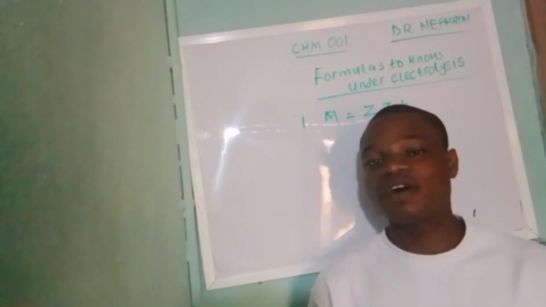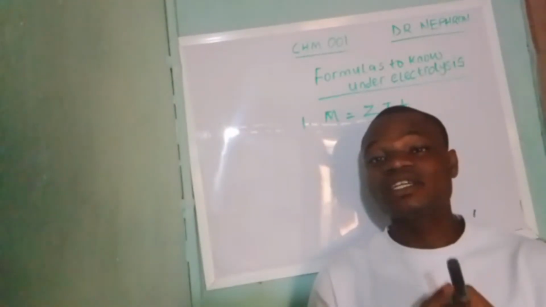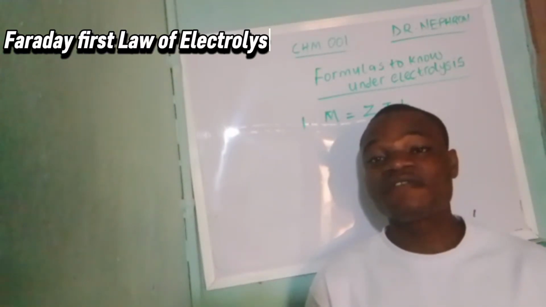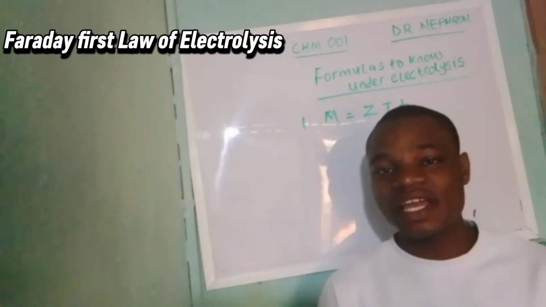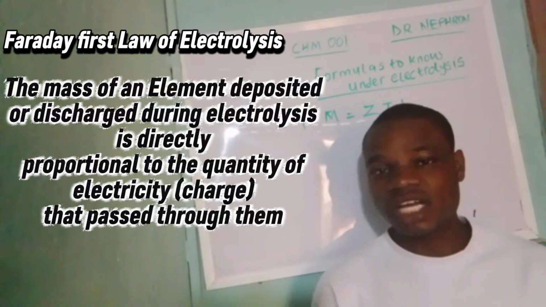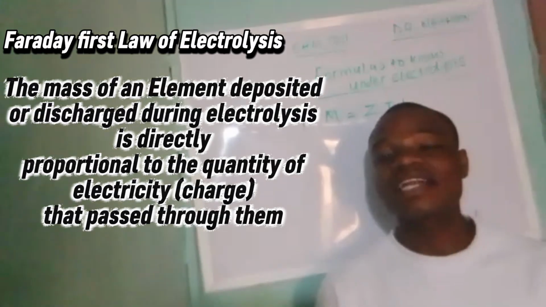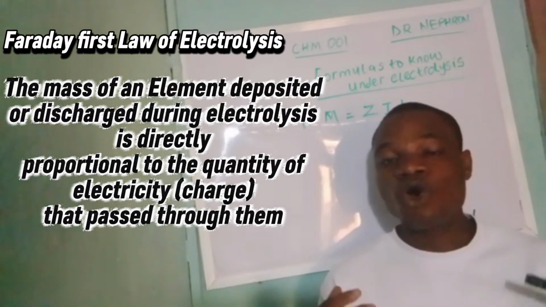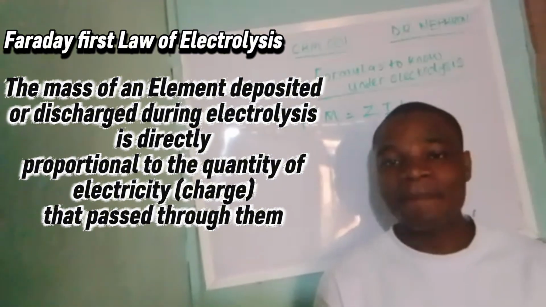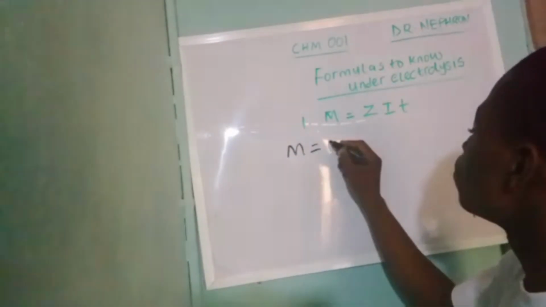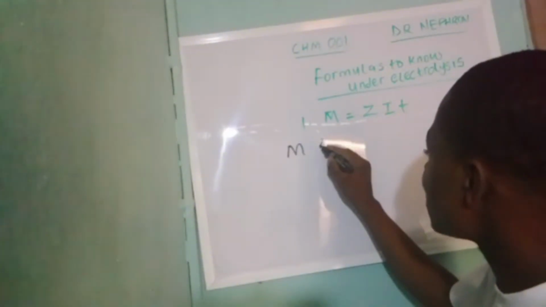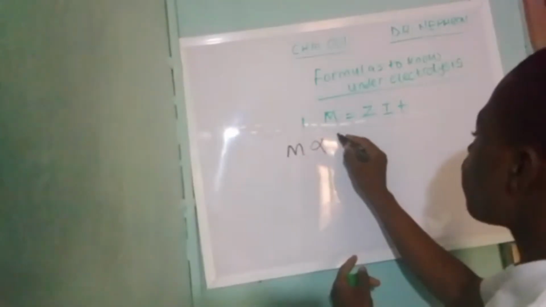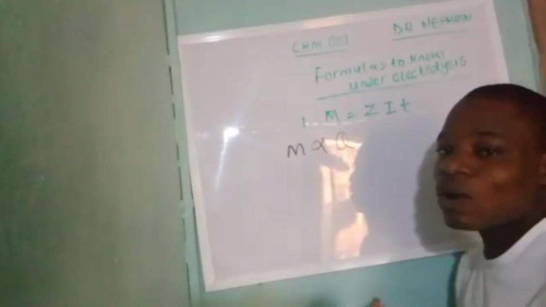It is derived from Faraday's first law of electrolysis, which states that the mass of the element deposited or discharged during electrolysis is directly proportional to the quantity of electricity that passed through them.